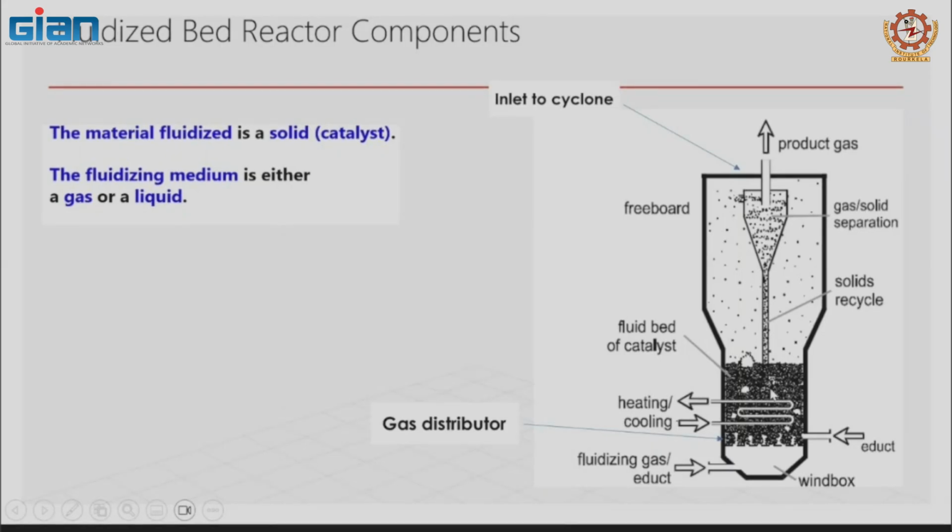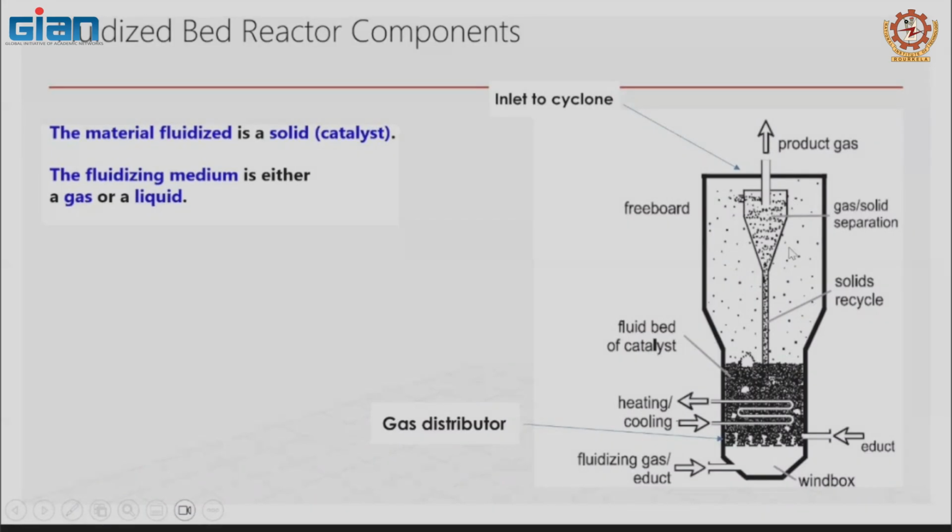Now, when the particles fluidize, reaction may be carried out within the bed or in the freeboard region also. When the reaction is carried out in the freeboard region, the lighter particles, whose terminal velocity is less than the settling velocity, move up and are collected in the cyclone separator, where they are separated from the product gas.